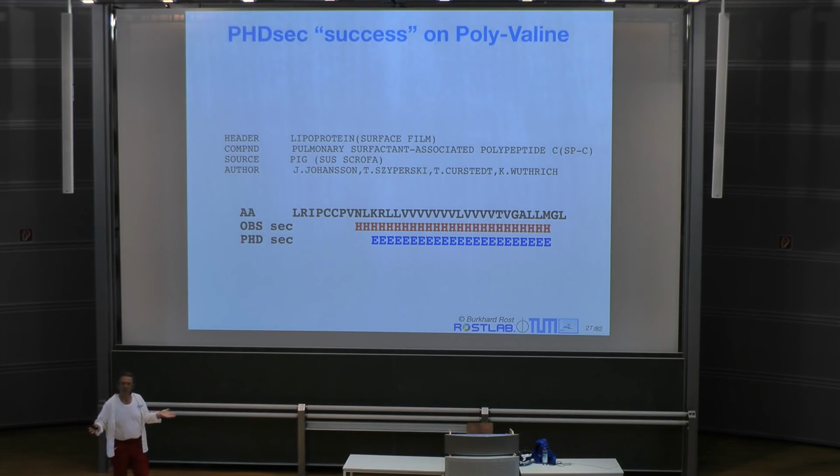Why could that be the case? We have a method that is trained to predict secondary structure. I told you how we select the proteins: we take every protein we can get our hands on, and we get a method that predicts very well. And then we get such a failure.